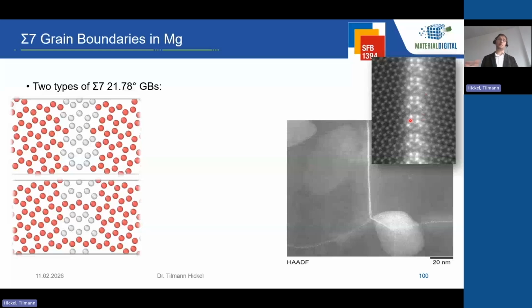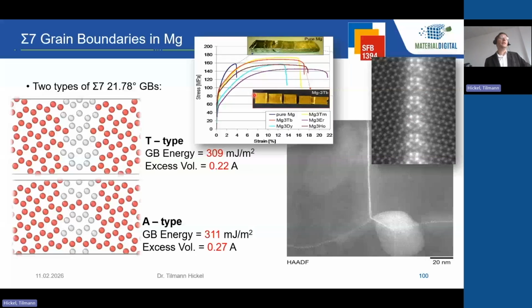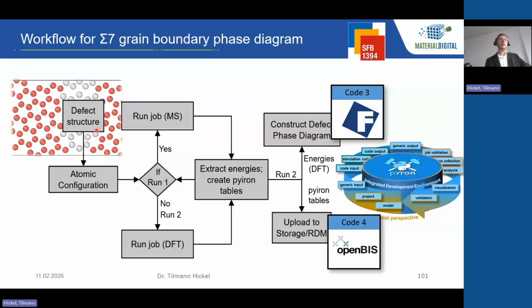You would like to alloy the magnesium with other elements in order to improve its stability, and one way is grain boundary engineering. So you would like to understand your defect. You would like to run simulations for the segregation to this defect, and you do this with high-end quantum mechanical calculations, density functional theory.